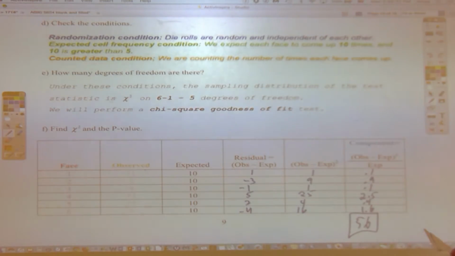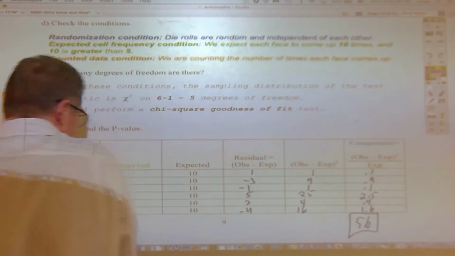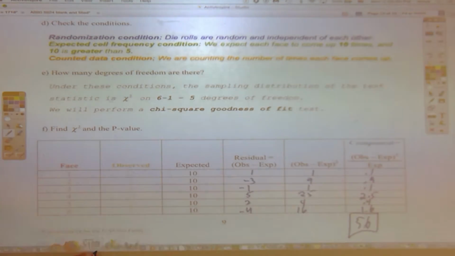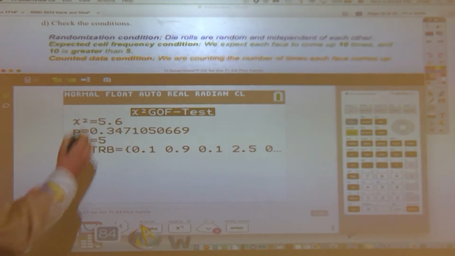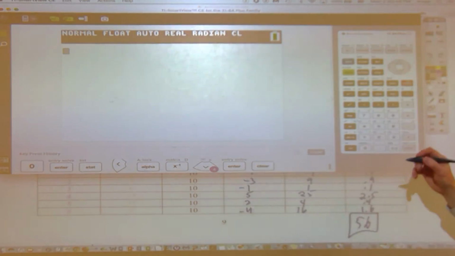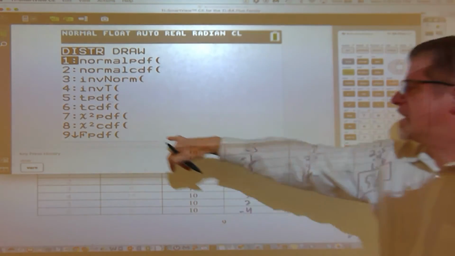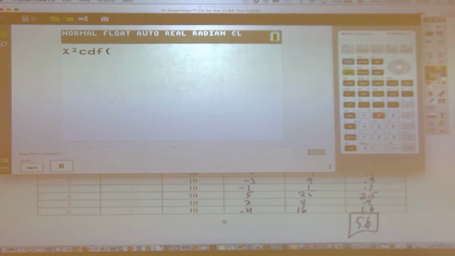It's 5.6. And as I indicated on Friday, there is a chi-squared CDF, in case you forget the jingle on the exam and you don't know to press stat test D. You could just use 5.6 as your test statistic, go to your distribution menu, and pick up chi-squared CDF, which is item 8.